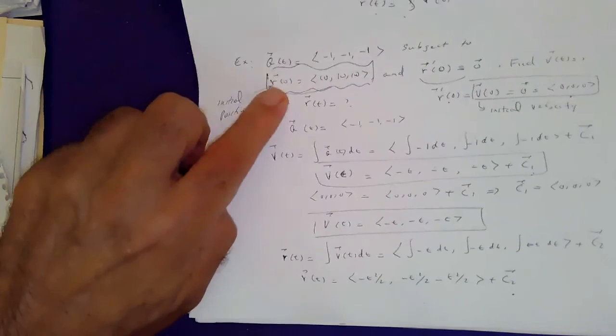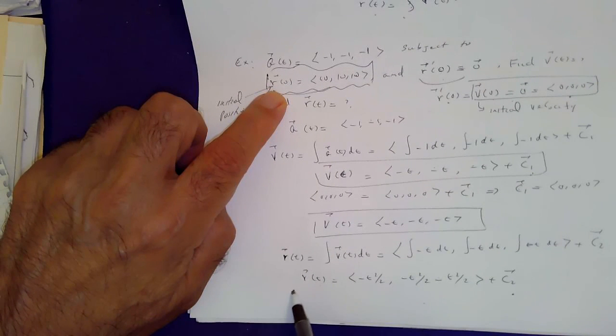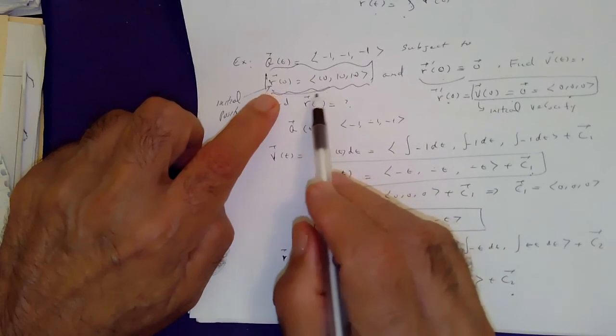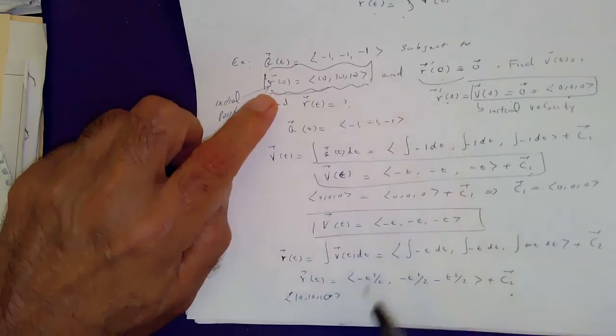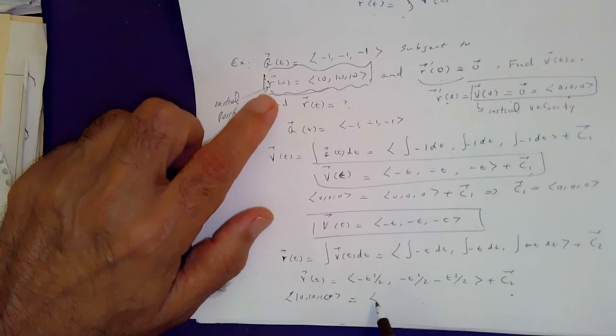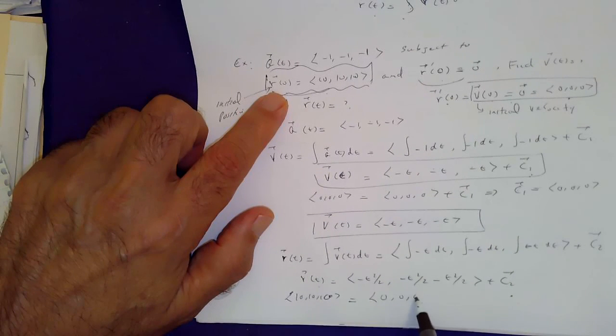So I'm going to apply this condition. I'm going to replace this guy with (10, 10, 10), because the initial position, when t was 0, the object was at (10, 10, 10). So replace the t's with 0. So it looks to me what?